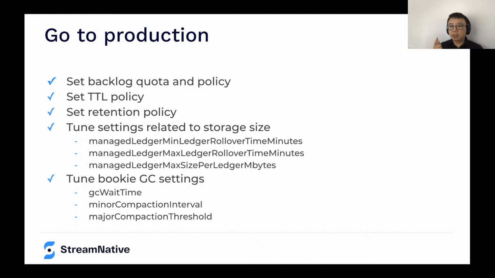And since messages are deleted segment by segment, you need to tune the settings related to storage size. And in order to optimize the disk usage, you need to tune BookKeeper GC settings. With all these settings tuned, you would be in a much better situation for planning the whole storage capacity for your Pulsar cluster for your use case.